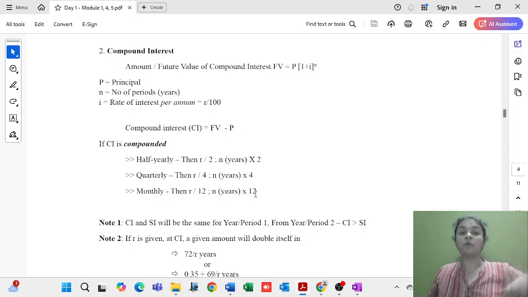So 24 times the compounding will happen if it is monthly compounding. Whereas if it is quarterly, 2 years means 2 into 4, 4 quarters in a year. So 2 into 4, 8 times the compounding will happen. So like that, rate per annum will get divided, n will be years which will get multiplied to find the number of compounding periods. Am I clear?